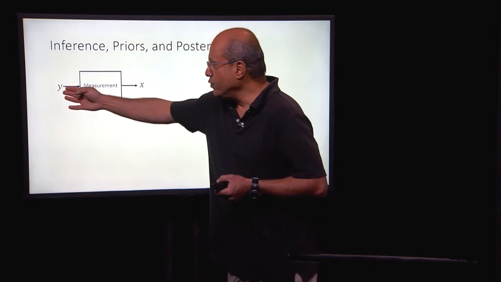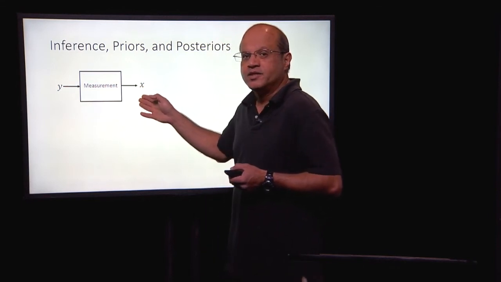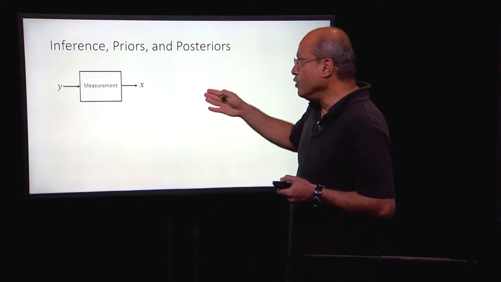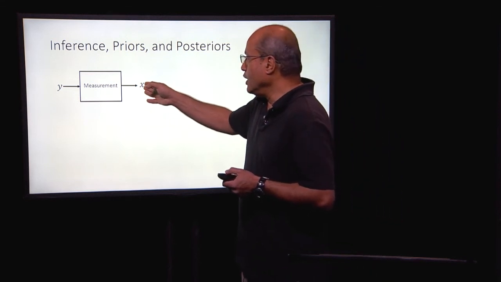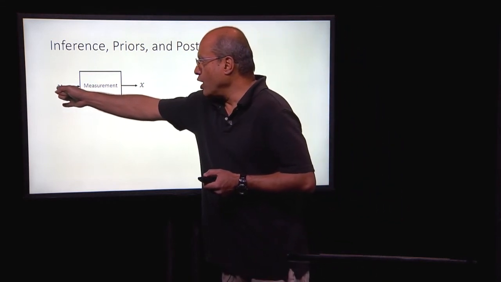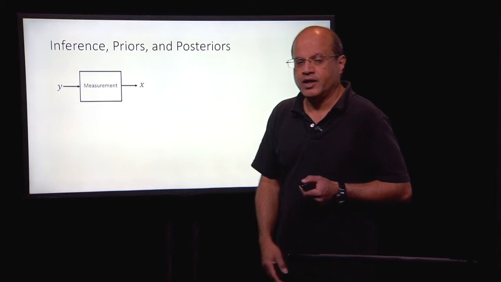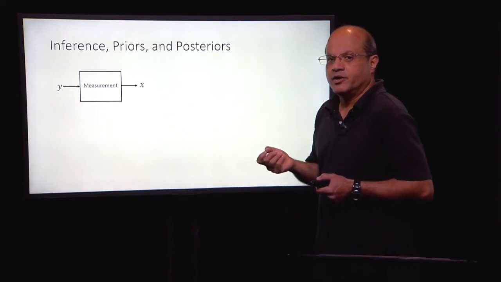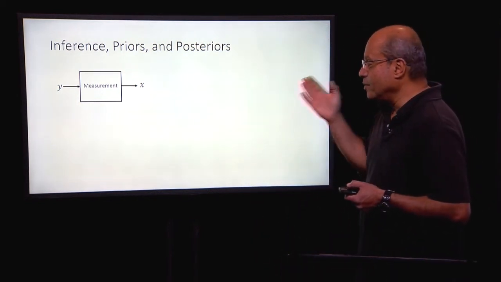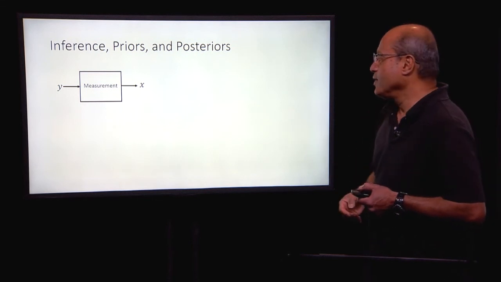So the relation between y and x is a probabilistic relation. And the inference problem is, given x, to figure out what y actually looks like, or get some estimate of the particle density.